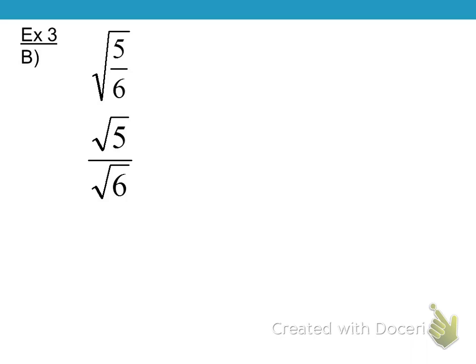If I want to get rid of a square root 6, the trick is to multiply it by a square root 6. Because that would give me square root 36, which is regular 6. Now, in a fraction, if you're multiplying the denominator by something, you best be multiplying the numerator by the same thing so that you're not changing the value of the fraction, because this is just 1.